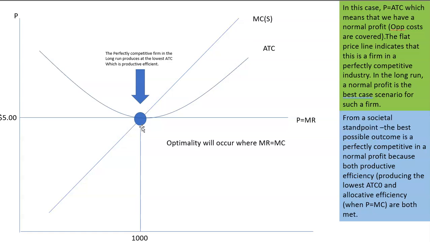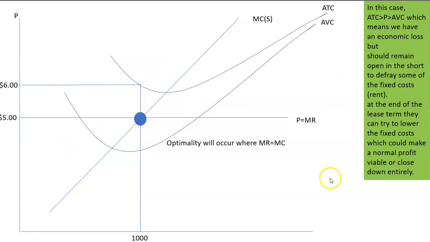Our other short-term potential outcome is this one, where again we would produce 1,000 units, but our average total cost is up here and our average variable cost is here.